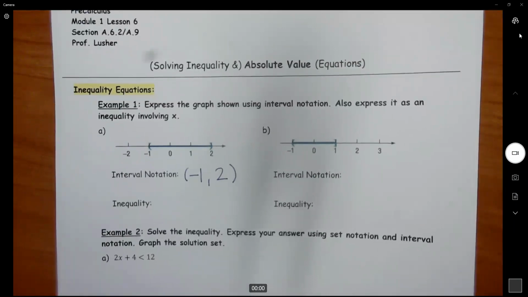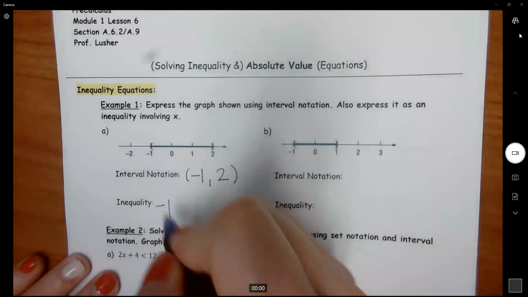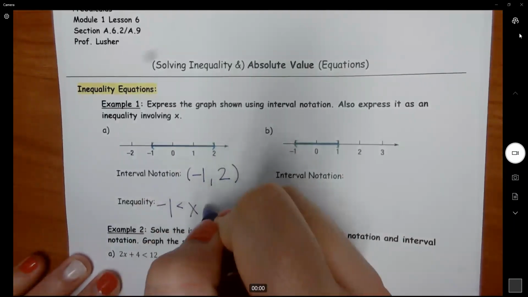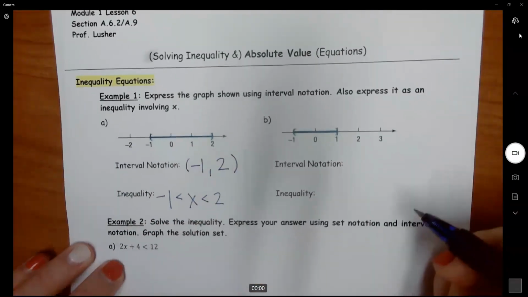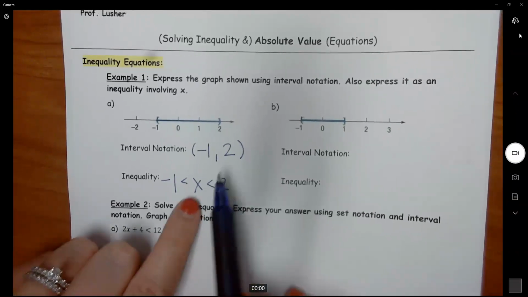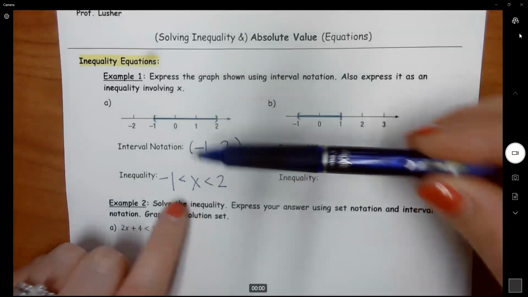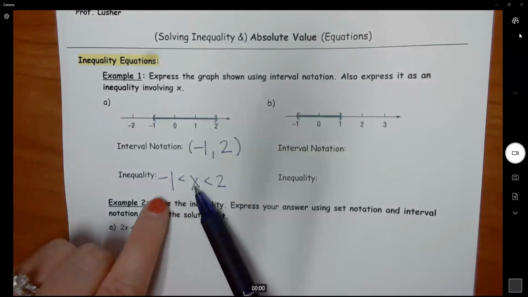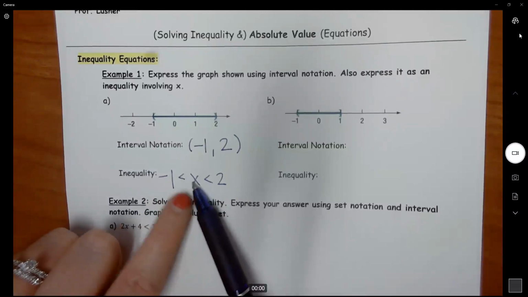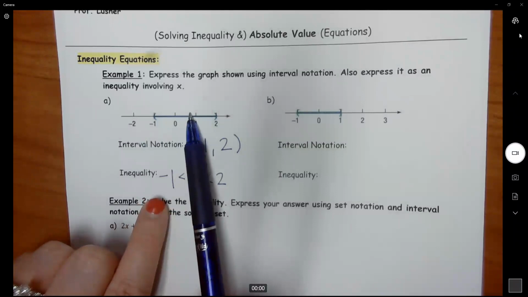Okay, and then my inequality would be -1 is less than x, which is less than 2. This side over here always makes sense. You've got x is less than 2, meaning it's going this way, right? And then this one here, kind of read it backwards. This means x is greater than -1, and so it's going everything over here.